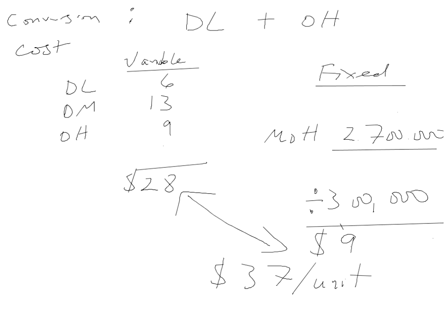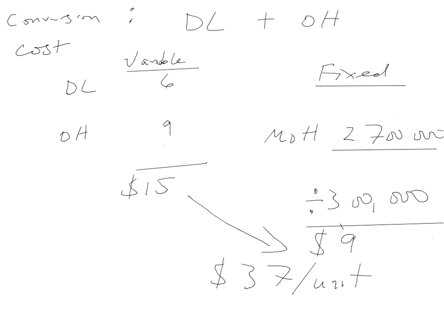So how do we calculate this? Well, first we're going to have to get rid of our direct materials, because that's not part of the figure. So we have our variable direct labor, and then our variable overhead. So that's going to be $15 here. Our fixed cost, we still have our manufacturing overhead of $2.7 million.